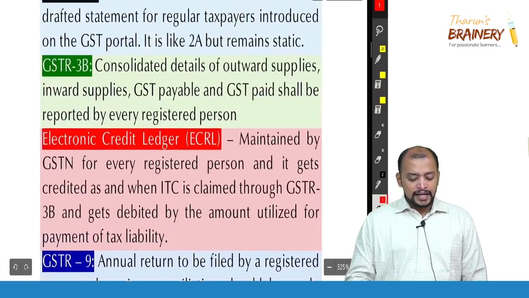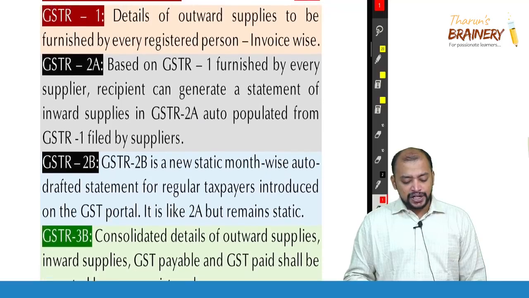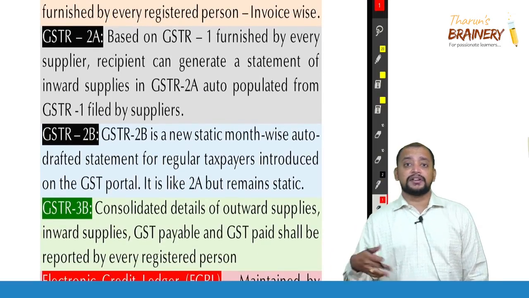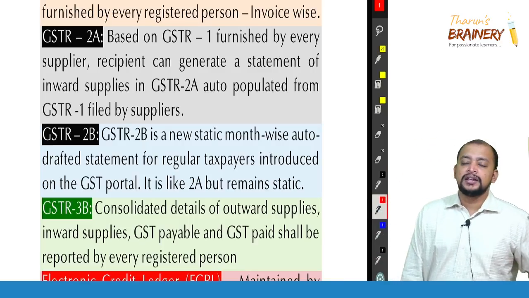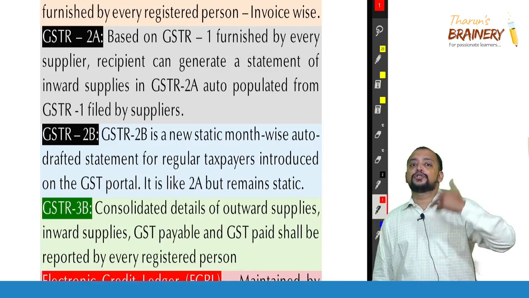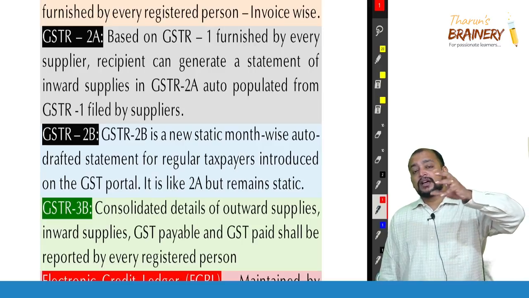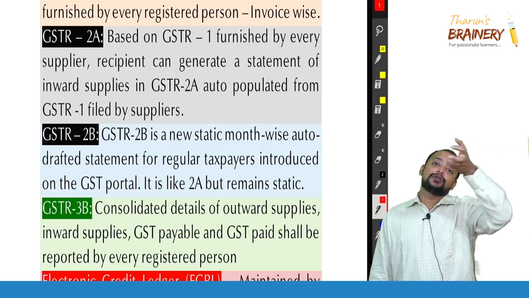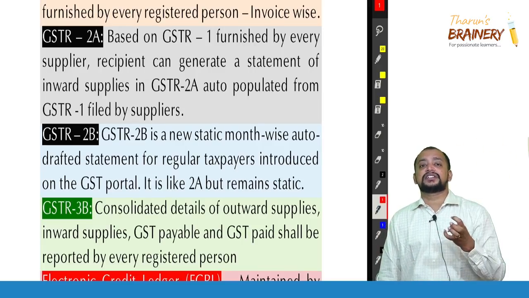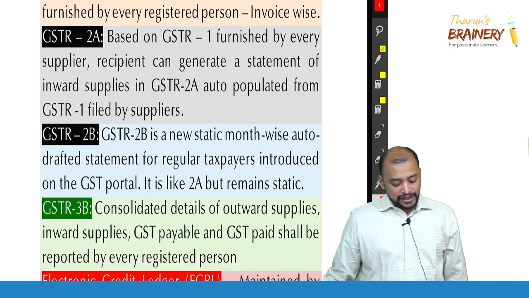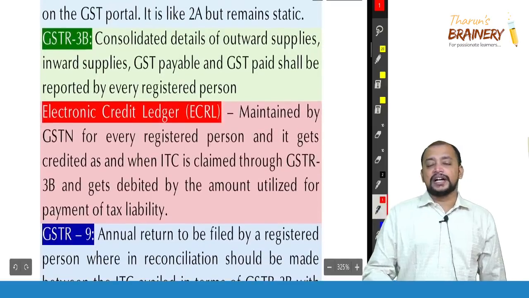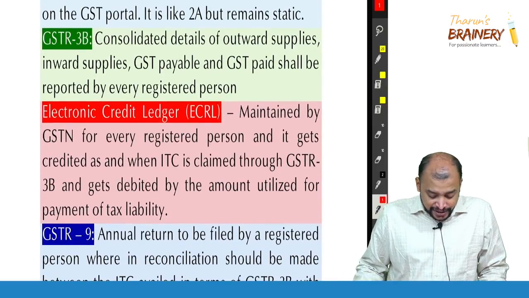And then here I have given the information about the various returns we have come across. GSTR1 is a return of outward supply. Every supplier will be reporting outward supplies B2B, and based on that the GST portal will generate GSTR2A and 2B and make them available to the recipient. GSTR3B is a consolidated return to be filed by every person.